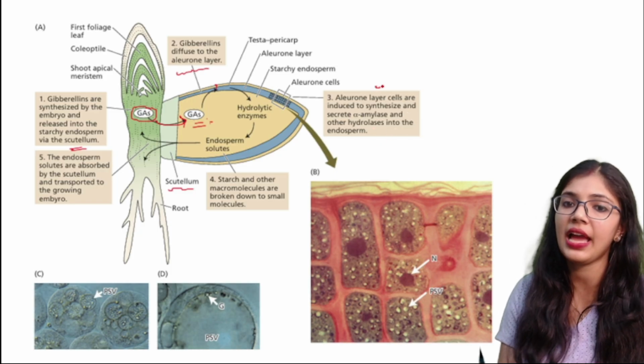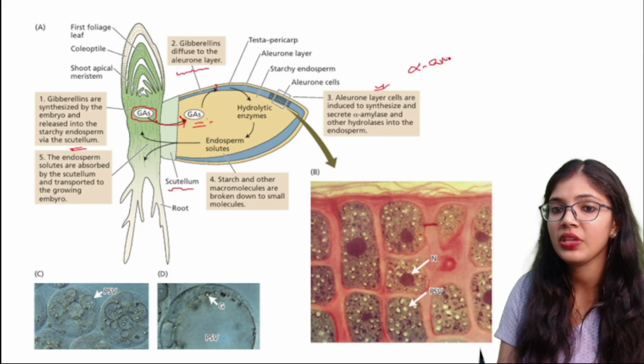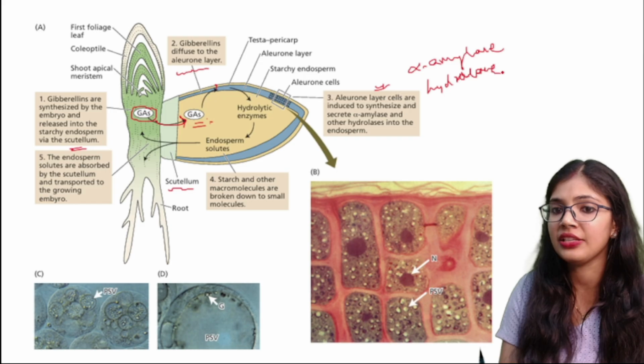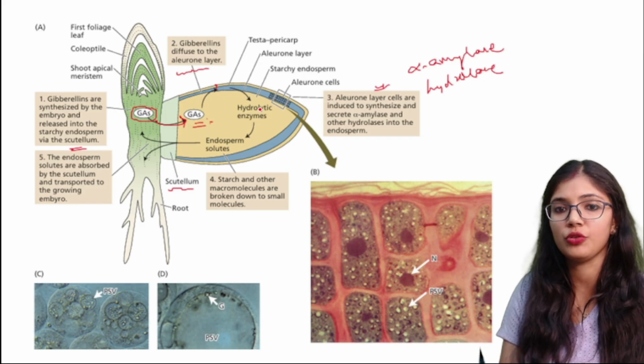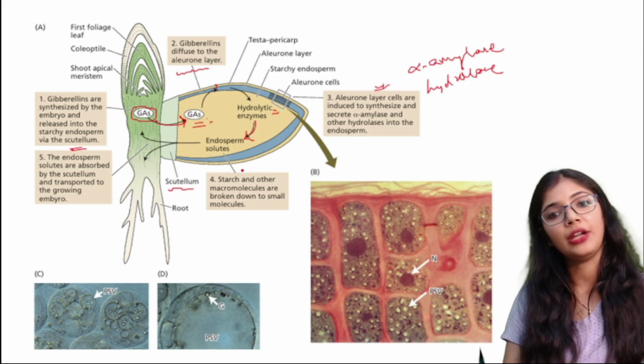So in the aleurone layer there is secretion of alpha amylase and other hydrolases. These are the enzymes which are synthesized, and these hydrolytic enzymes are transferred into the endosperm.